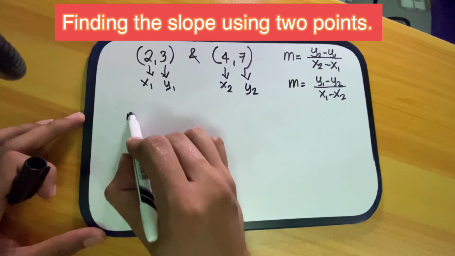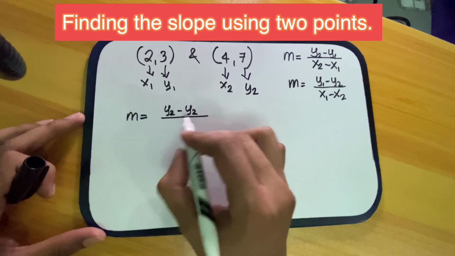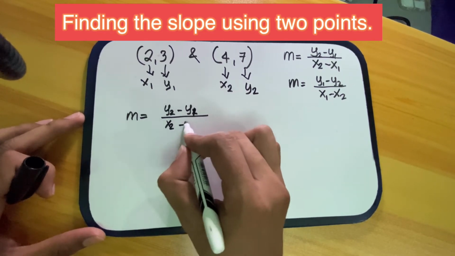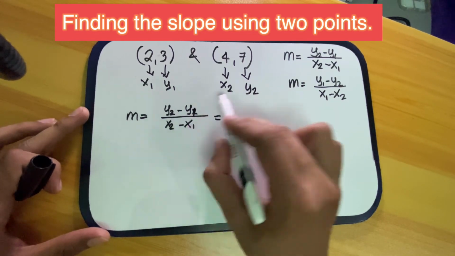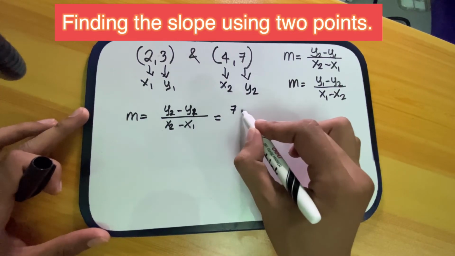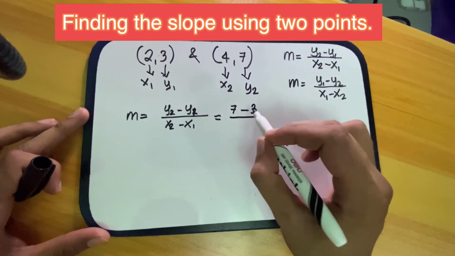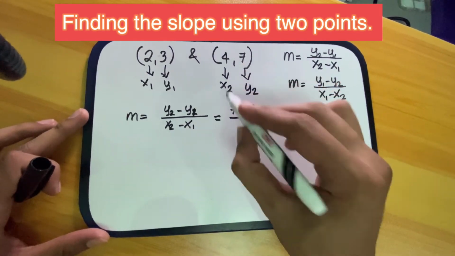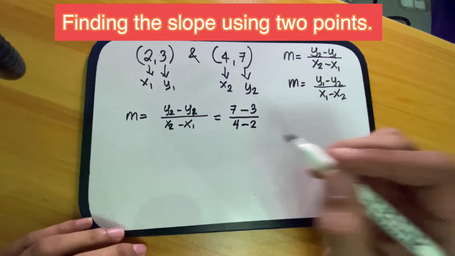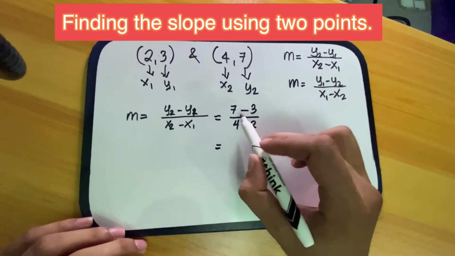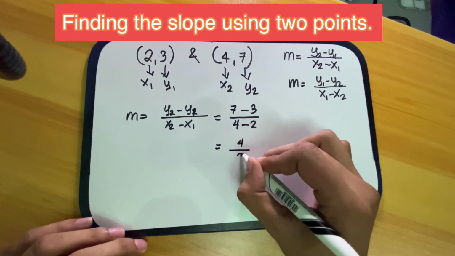So m is equal to y sub 2 minus y sub 1 over x sub 2 minus x sub 1, which is 7 minus 3 over 4 minus 2. 7 minus 3 is 4, and 4 minus 2 is 2.